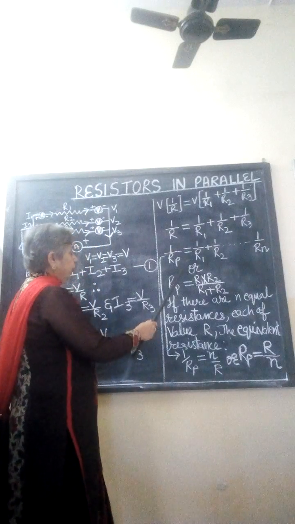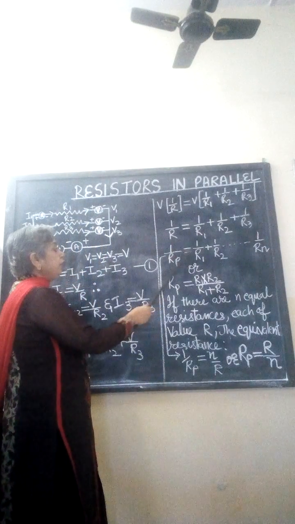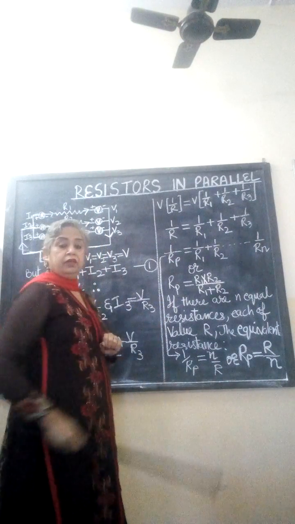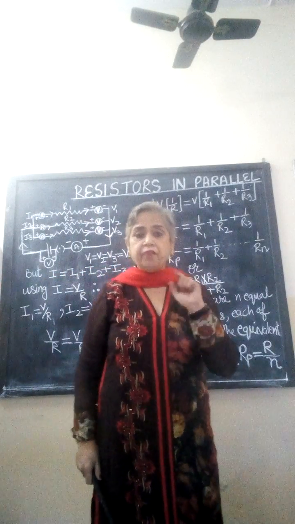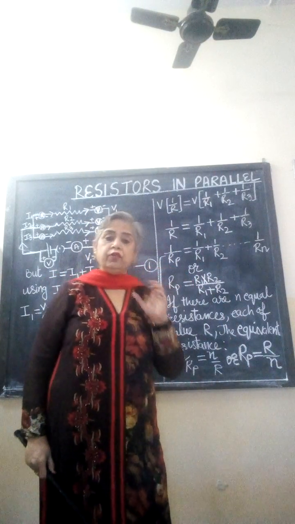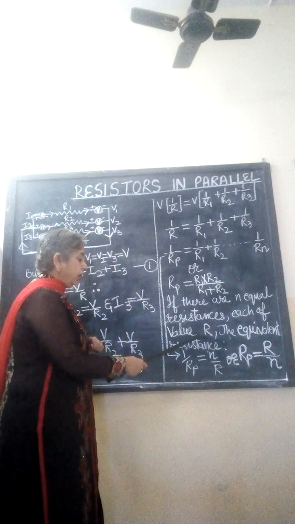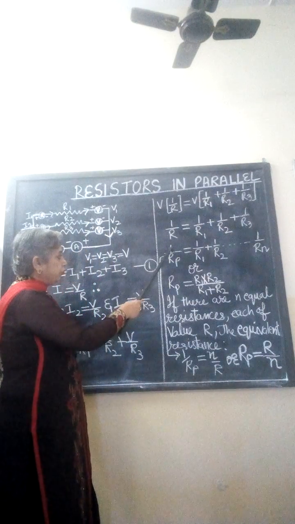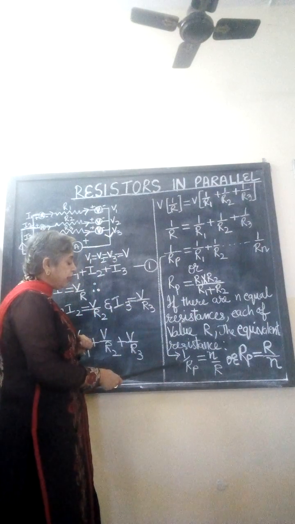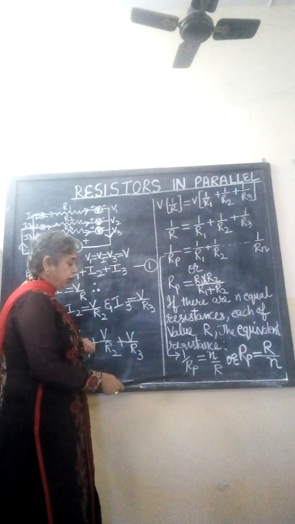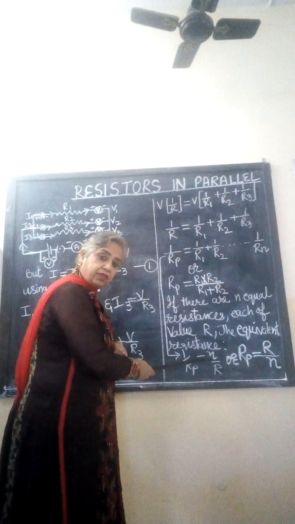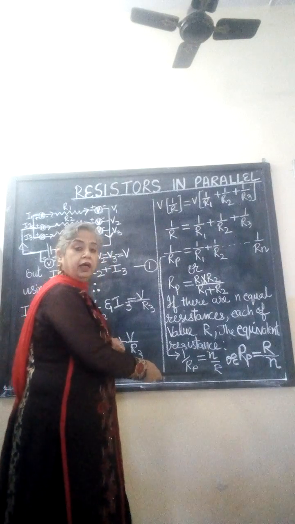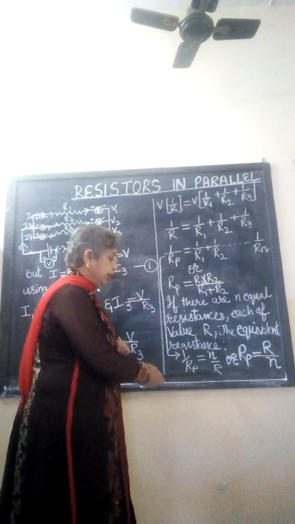Okay. Now, here if each resistor out of n number of resistors is of the same value, let it be R, then this equation 1 upon Rp can be written as 1 upon Rp is equal to n, that is the number of resistors, divided by the individual resistance.